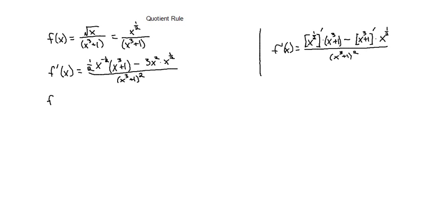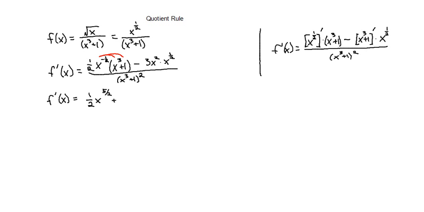So we can do a few things here. One of the first is we can distribute here, and then over here we're going to be adding the powers. First, let's distribute. We'll have 1/2 x, and we're going to take the negative 1/2 and the 3, add those together. That'll be 5/2.